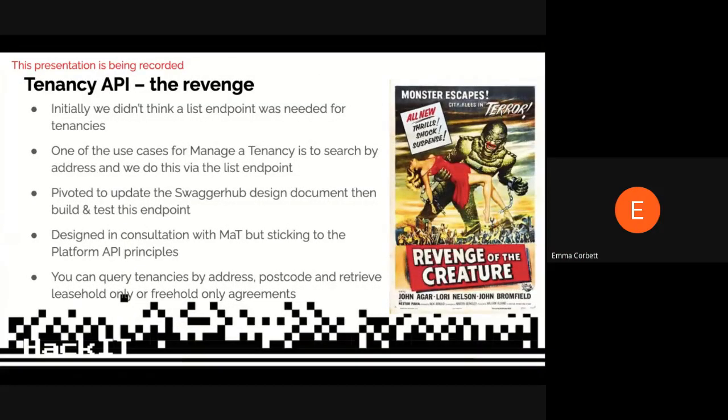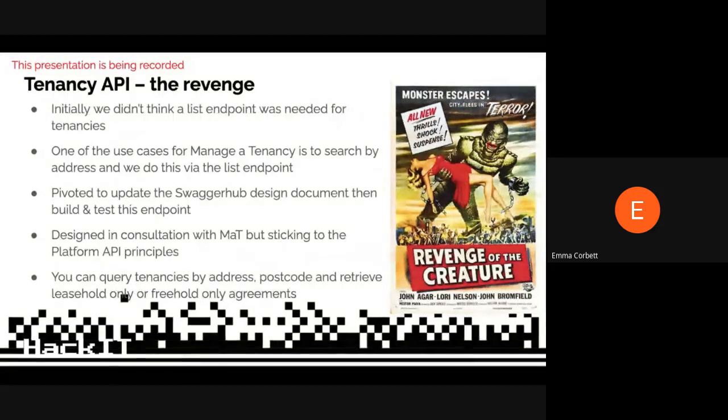Hi, hello everyone. I'm going to talk about some of the things we've been doing over the last couple of weeks. So we talked before about making a tenancy API, but in our initial plans, we didn't realize that we were going to need a list endpoint. So we previously just made an API that would retrieve a single tenancy's details.